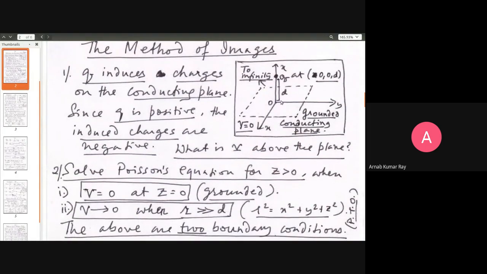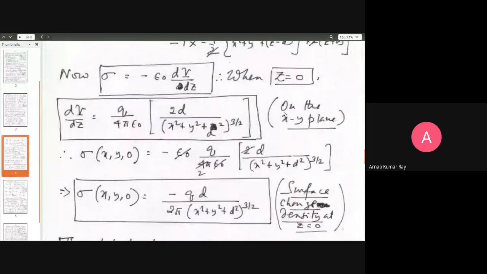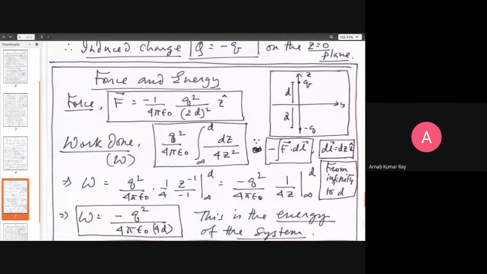So the equivalent problem of solving the plane and this positive point charge is this: instead of the point charge and the plane, you take the point charge itself and its image charge, which really doesn't exist. So the equivalent problem is one of a point charge and its image charge of the opposite sign.